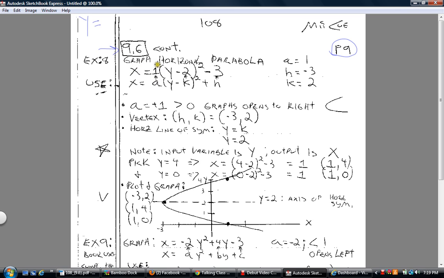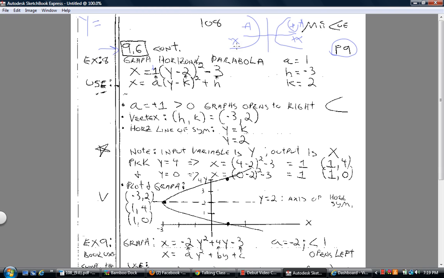If you don't see a constant coefficient in front of the parentheses, you can pop the 1 up there, so a is +1. Positive x is this direction, negative x is this direction, so if a is positive, it's going to open in that direction. If it's a negative a, it's going to open towards the negative x-axis.